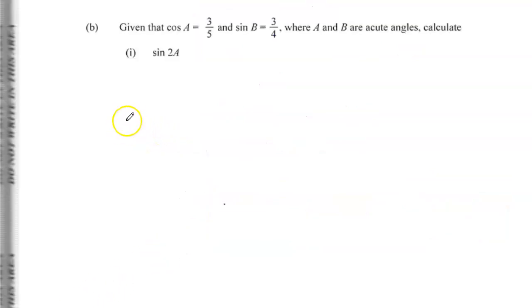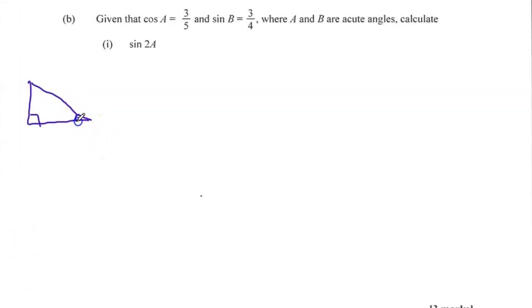So, part B, given that cos A is 3/5. Remember, we call this A. Remember cos is adjacent over hypotenuse. So cos A, adjacent 3, hypotenuse 5, so this would be 4.